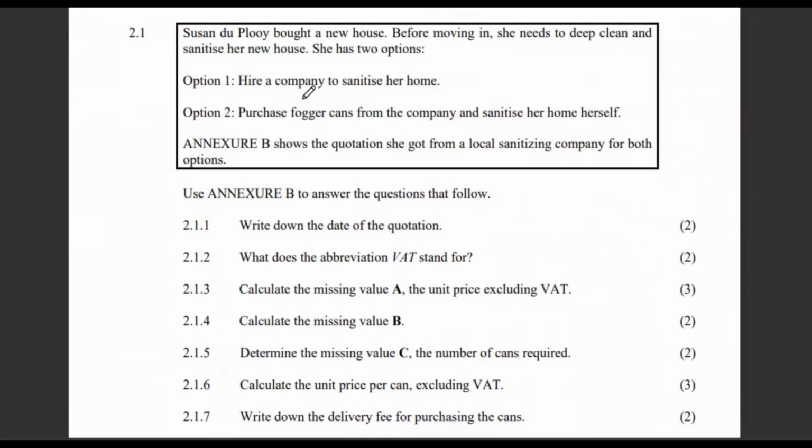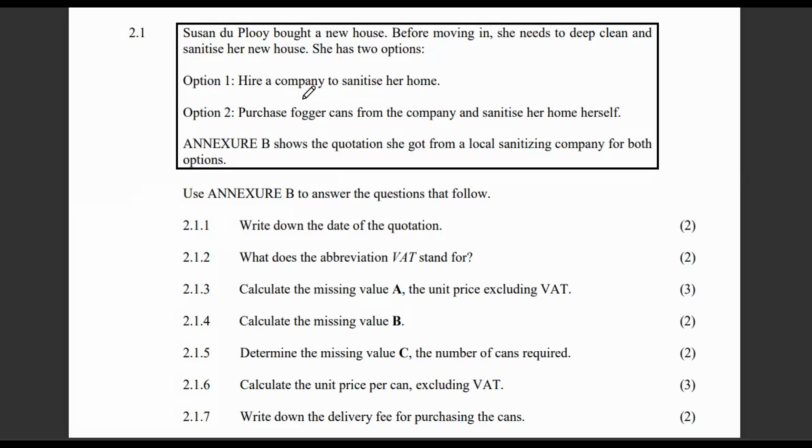Before moving in, she needs to deep clean and sanitize her new house. She has two options. Option 1, to hire a company to sanitize her home. Option 2, to purchase the fogger cans from the company and sanitize her house herself.